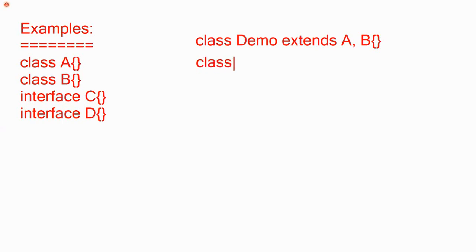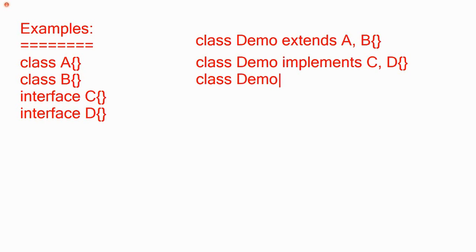Now, class Demo implements C interface and D interface. It is valid. Two interfaces can be inherited. Two classes cannot be inherited. Class Demo extends A class, implements C interface. It is valid. So one class and one interface can be inherited.